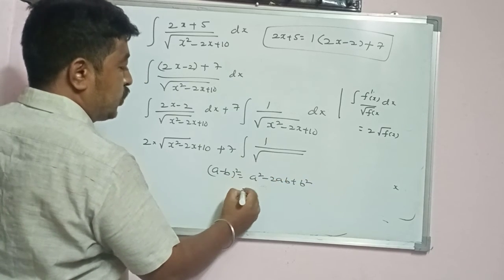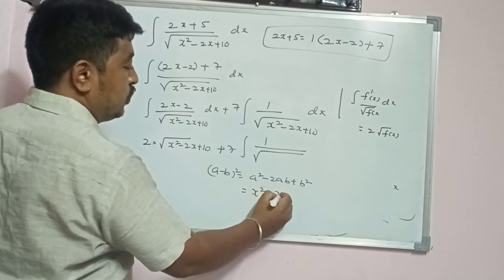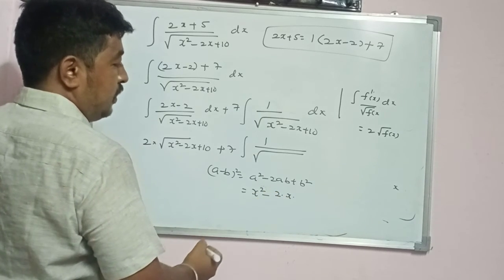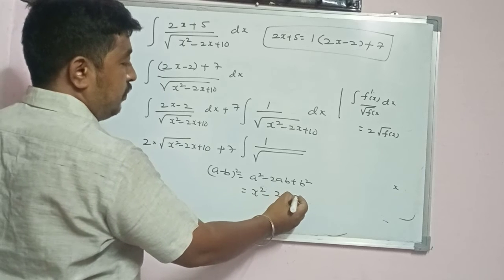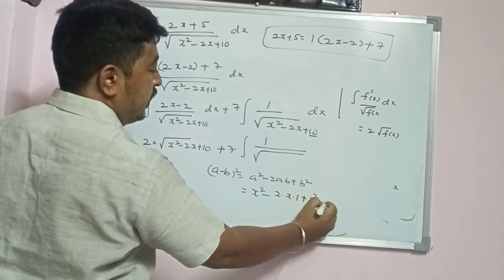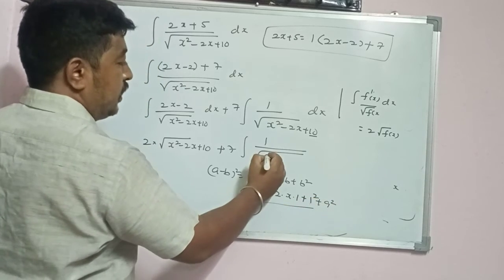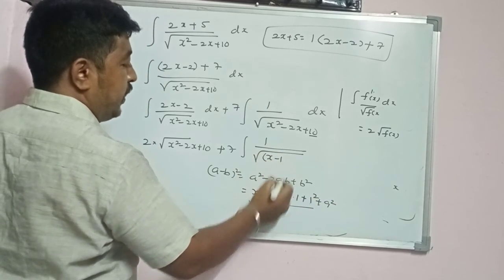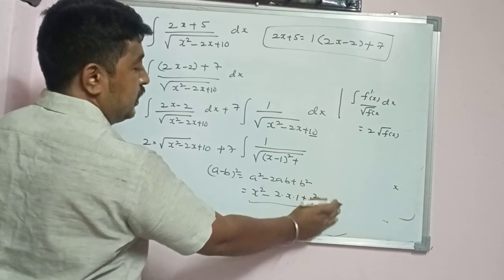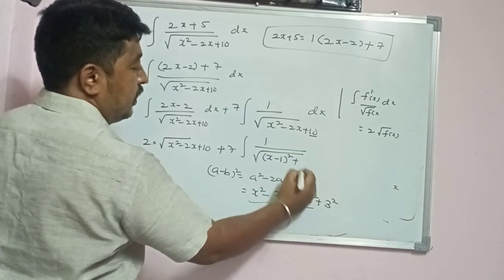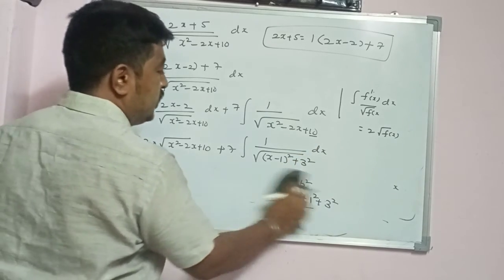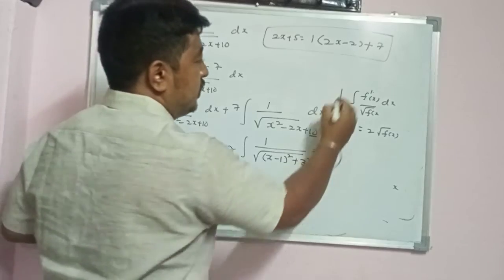It is x square minus 2 into x into 1, where b value is 1, plus the 10, which I write as 1 square plus 9, that is 3 square. So this is (x minus 1) whole square plus 3 square dx. So this is the formula.